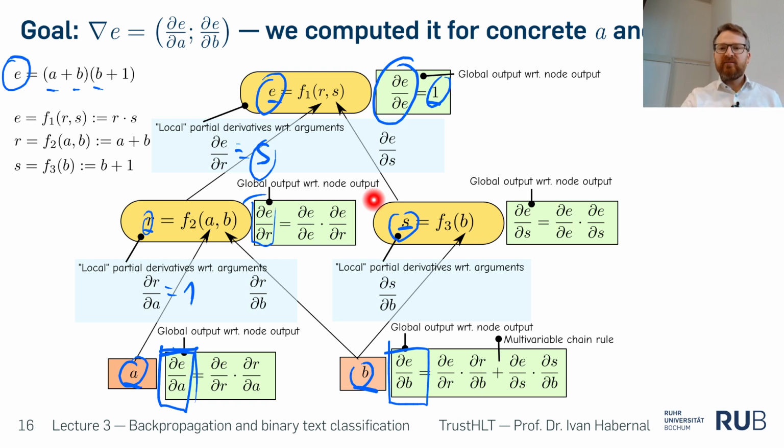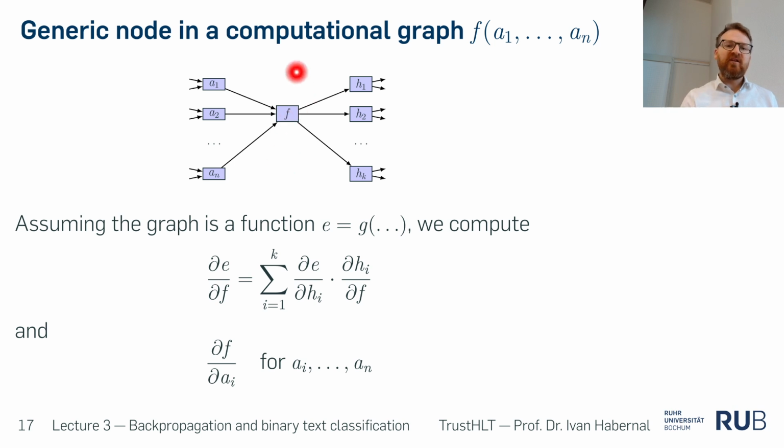So now, this is again the generic node in a computational graph, and we're assuming the graph is a function. So here again we have the f. This is the generalized chain rule for all the parents here. So f has the parents h1, h2, and so on.